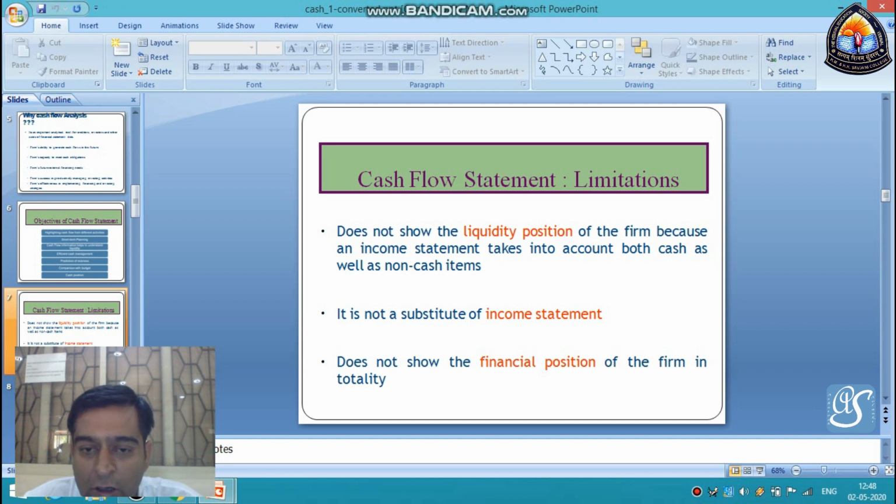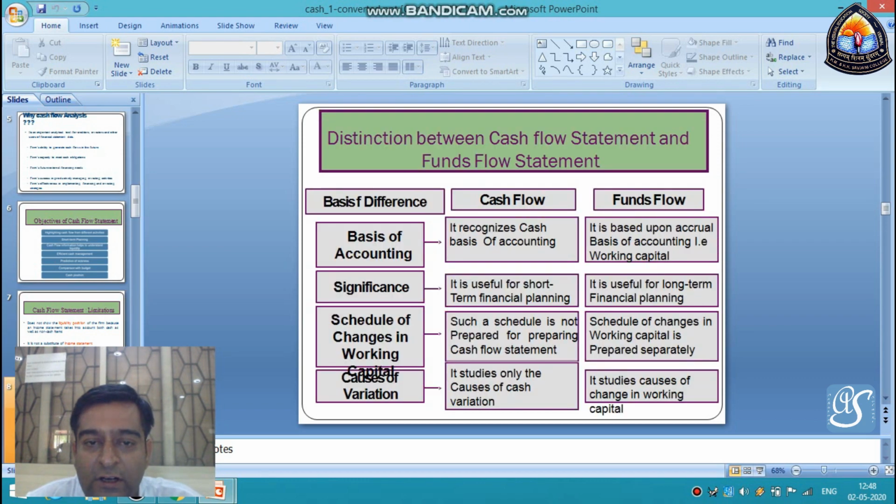It will not create new things; we are just using the previous year's data and trying to know the movement of cash from one date to another. So the first limitation is that it is not a suitable substitute for the income statement, and it does not show the financial position of a firm in totality, because only cash transactions are covered.